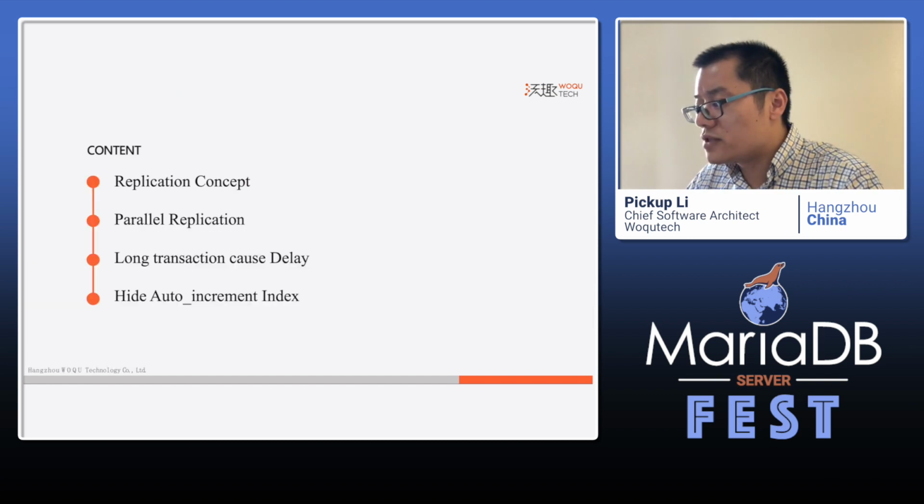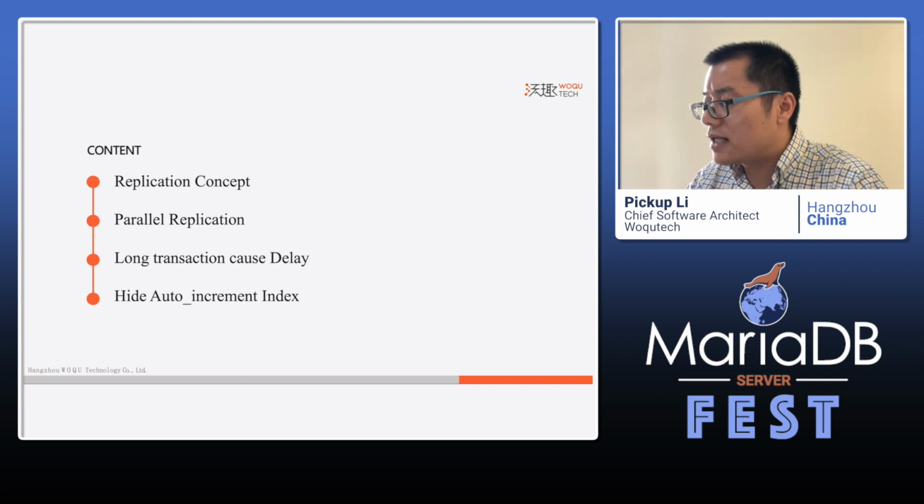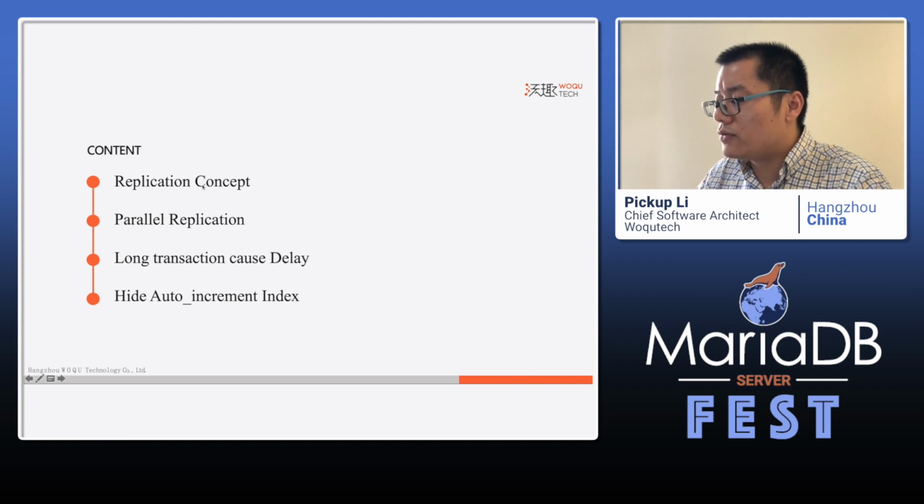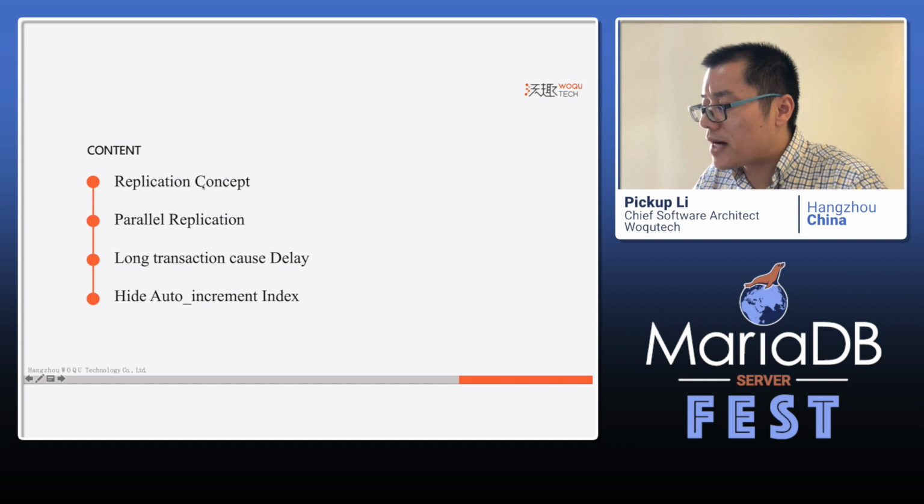At the end of this talk, let me summarize the main content of this topic. We started from the MySQL replication infrastructure and reviewed the problem caused by replication delay and how we can get the seconds of replication delay. Then we went through the parallel replication improvements introduced in versions 10.0 and 10.1 of MariaDB.